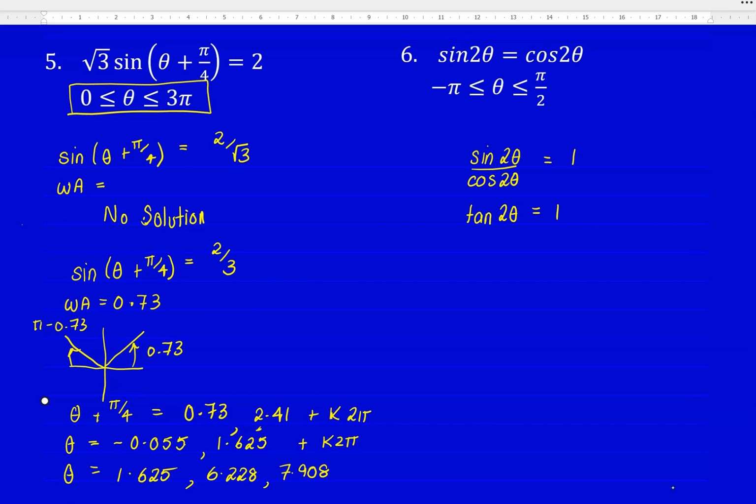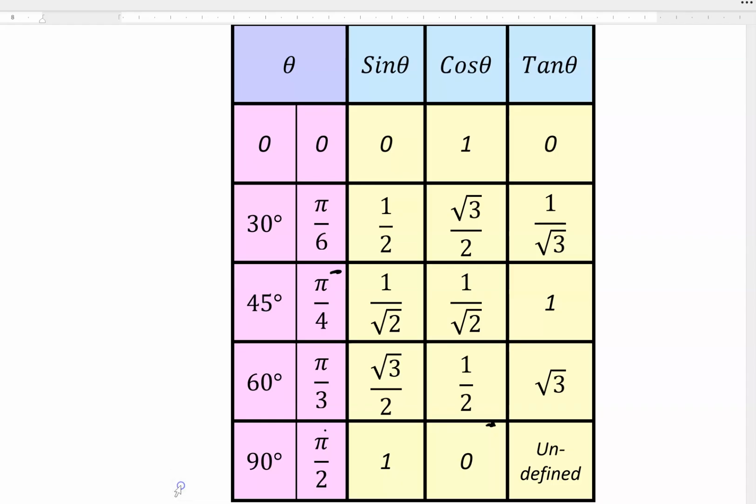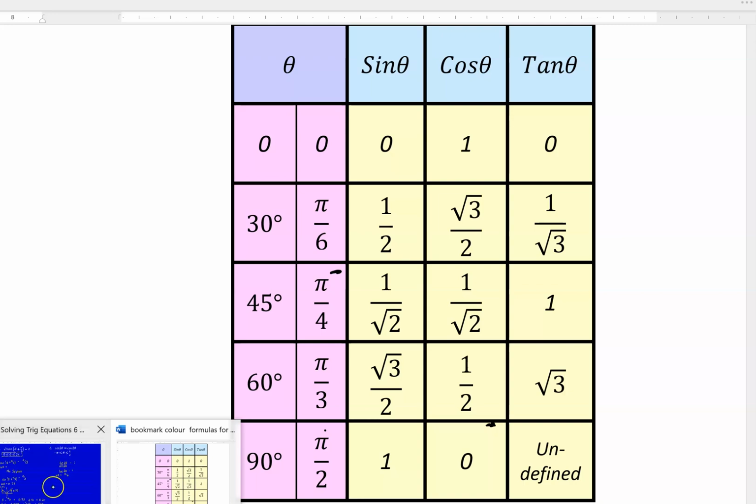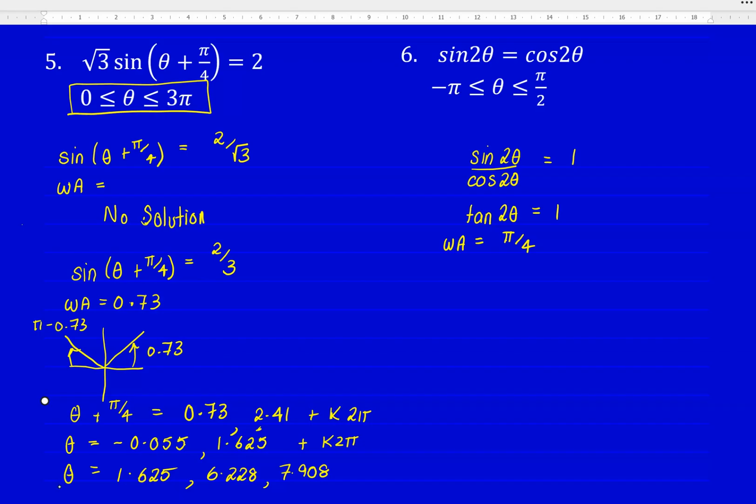So what is our working angle? Our working angle will be pi on 4. Again, if you don't believe me, here she blows, tan of 1, so pi on 4. I don't know if you can see my pen moving. And there we go. So we're looking at the positive quadrants again, hither and thither.